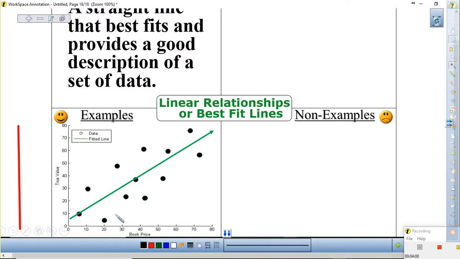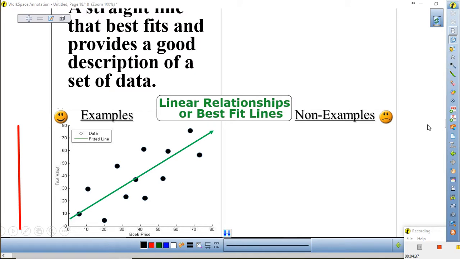What else do you notice? That the distance from the line to each point is pretty close to the distance to the line of each point on this side. That's how we know that it's evenly distributed. So what is the first thing that we notice? That it's a what? A straight line. And it best fits to provide a good description of the data.